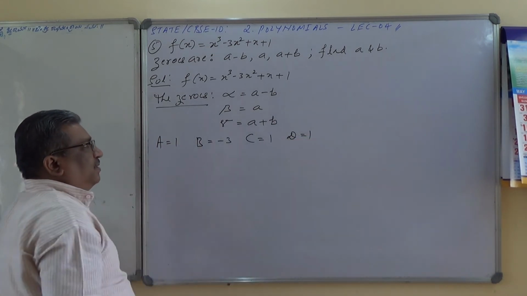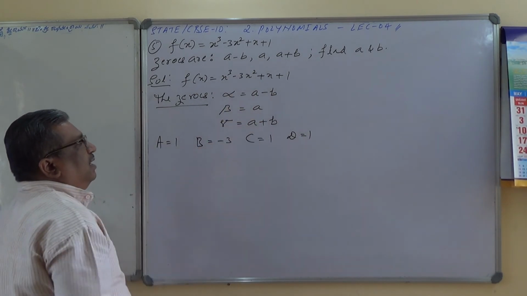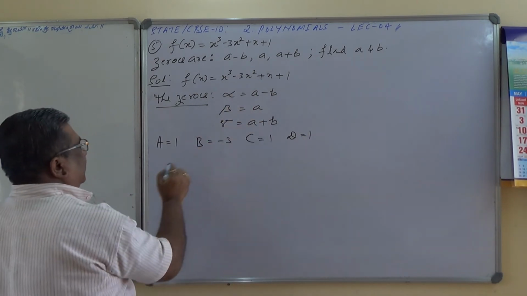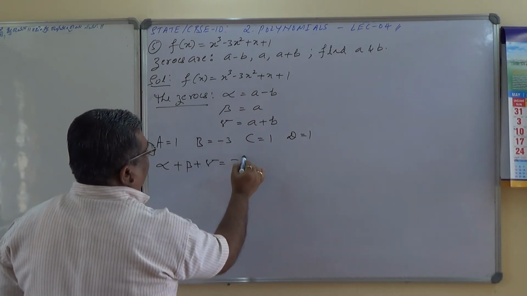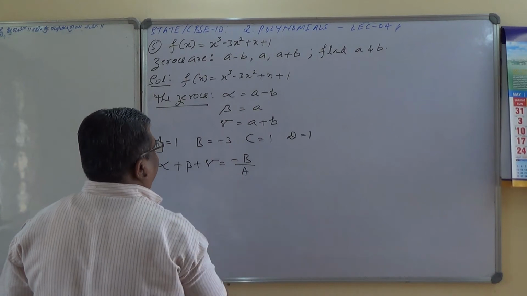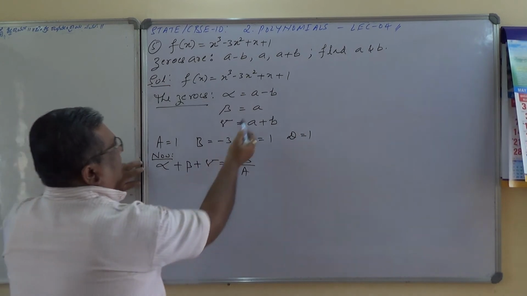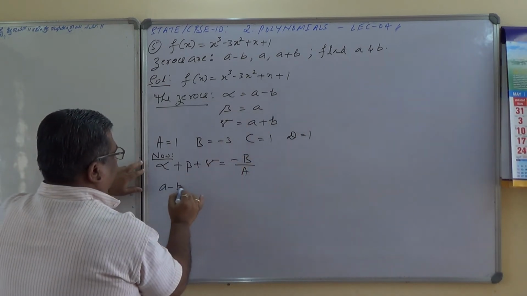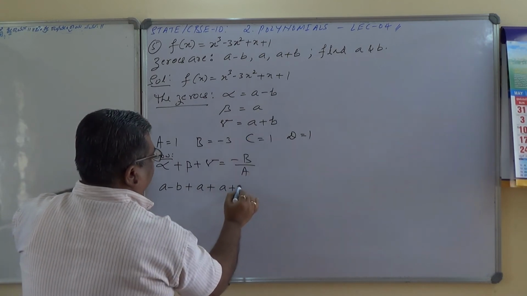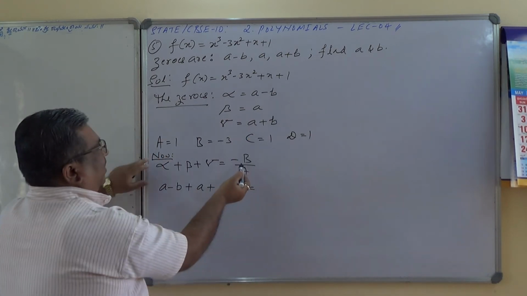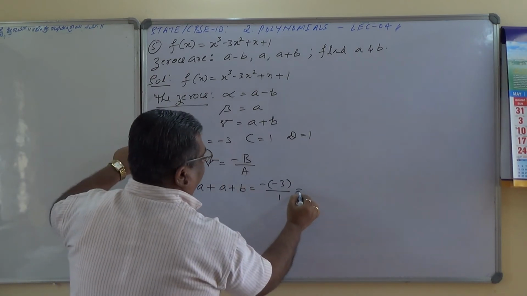Now, alpha plus beta plus gamma equals minus B by A. So, substitute the values: a minus b plus a plus a plus b equals minus of minus 3 divided by 1, which is 3.